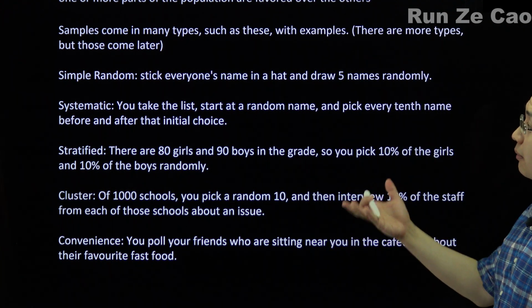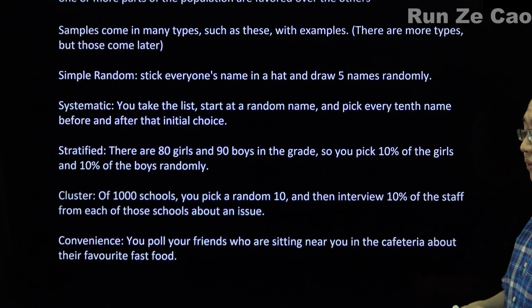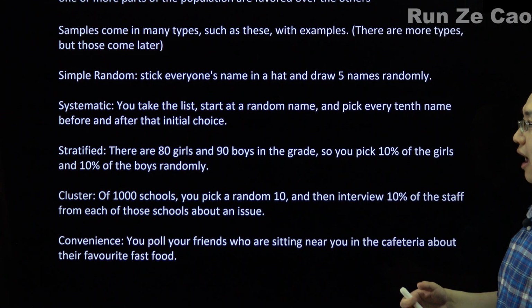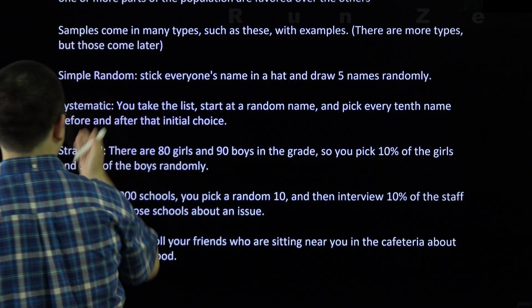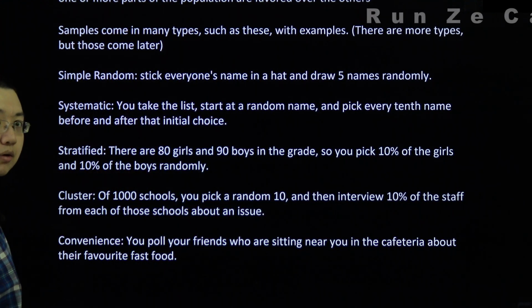Well, then you would be able to get a stratified random sample as long as within each of those you used some sort of random method, systematic or simple.